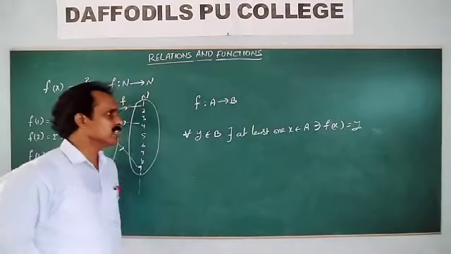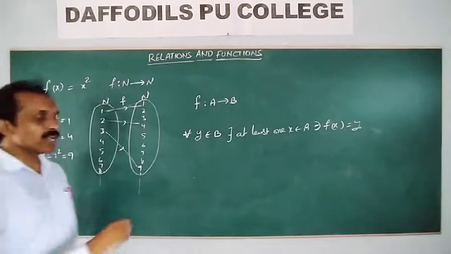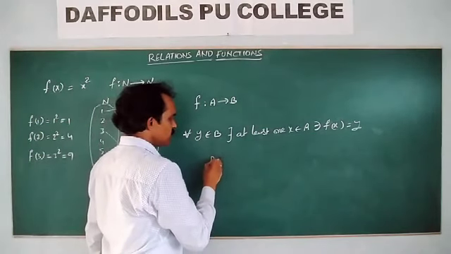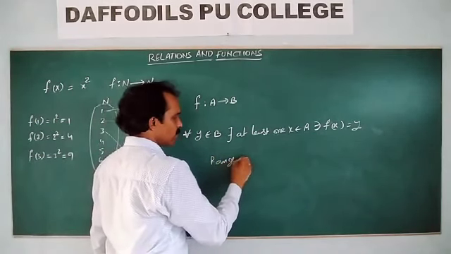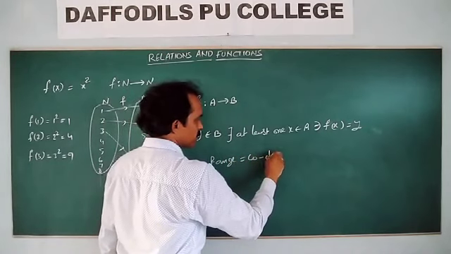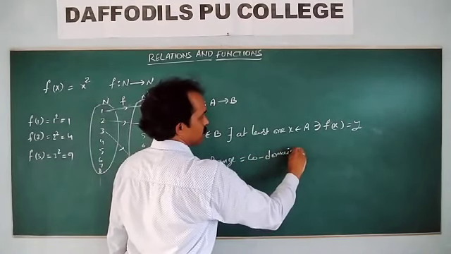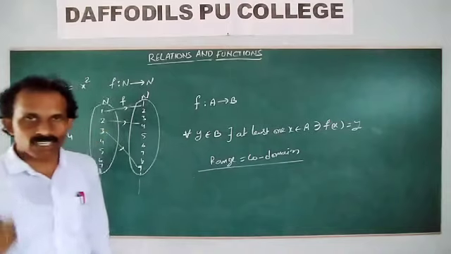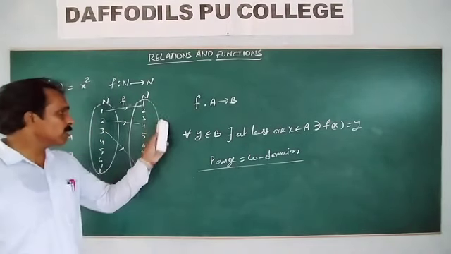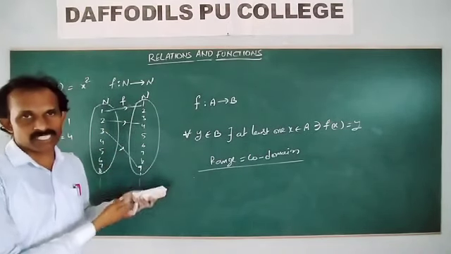That is the onto function. Or another way: range is equal to codomain. This is also a direct definition. Meaning all elements of the codomain are in the range.